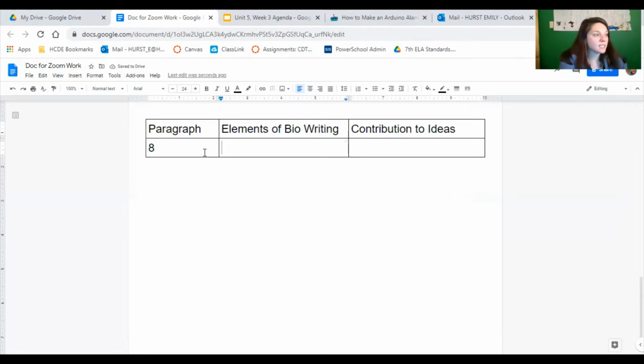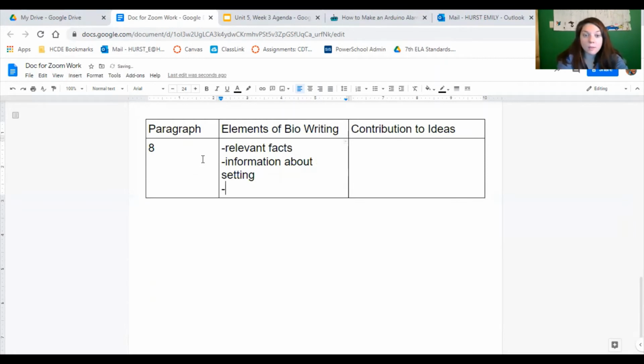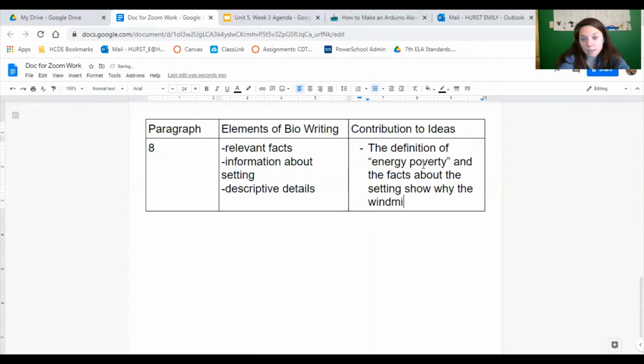So which elements did this have? Well, it had relevant facts. It had information about the setting. Right, we got the description of Malawi and the plains. And I think there were some good descriptive details. So how did these things contribute to the idea? So I think it's really important that it gave the definition of energy poverty, because that and the facts about the setting together show why the windmill is important.